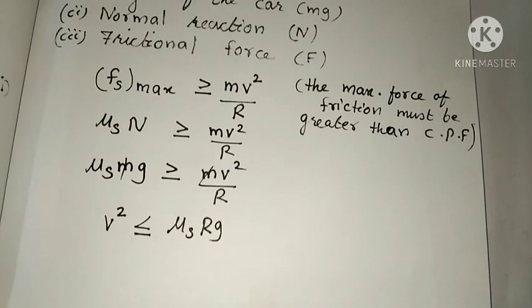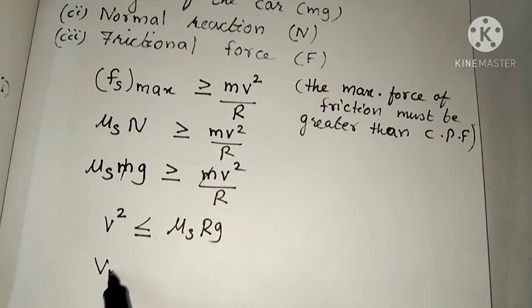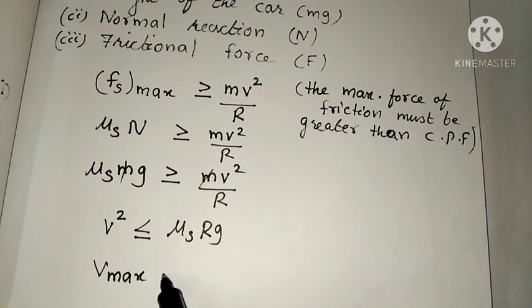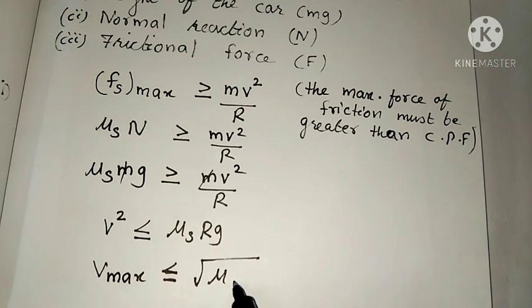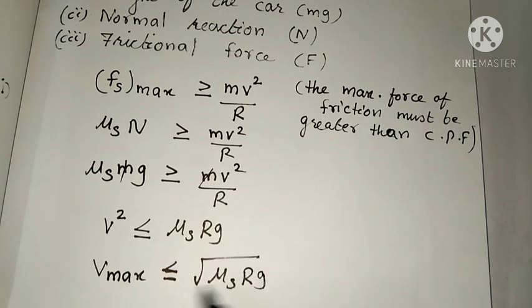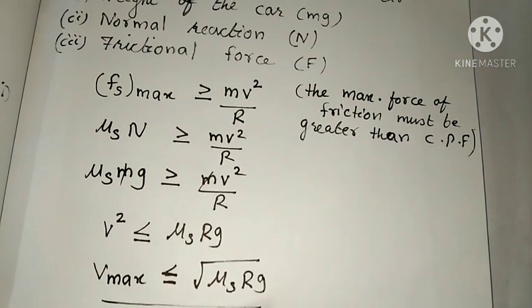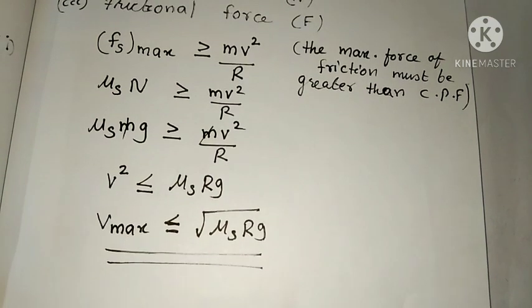So, this is the maximum speed. V maximum is less than or equal to root of mu s r g. So, this is the maximum speed of the car to move on the circular level road.